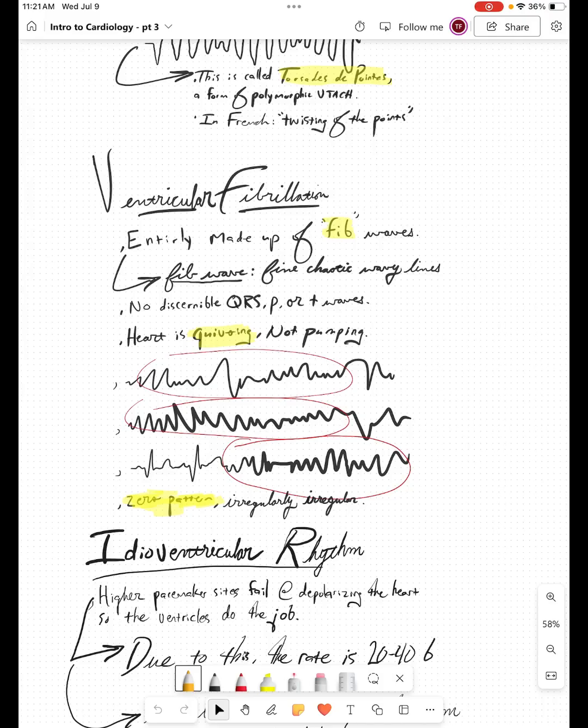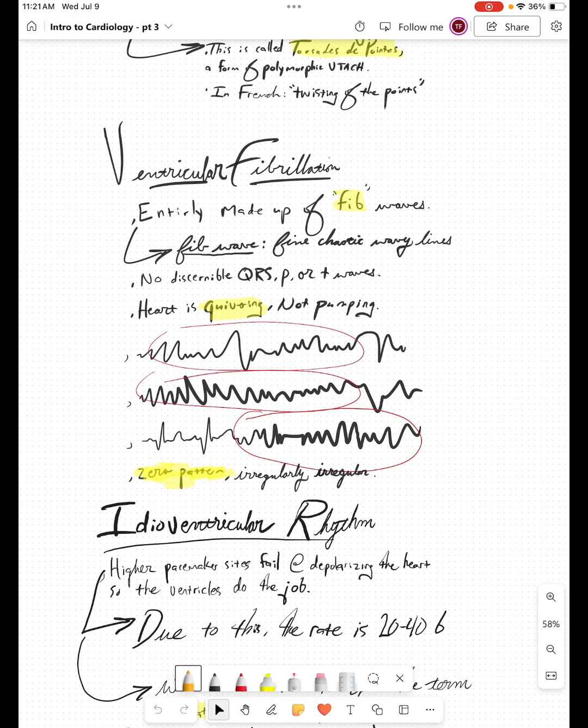So now that we've talked about ventricular tachycardia, let's talk about ventricular fibrillation. VFib is entirely made up of what's referred to as fib waves, which are little fluttering, quiver-like waves. What's happening during ventricular fibrillation is the ventricles are not contracting, they're just quivering, and the rhythm is reflecting that.